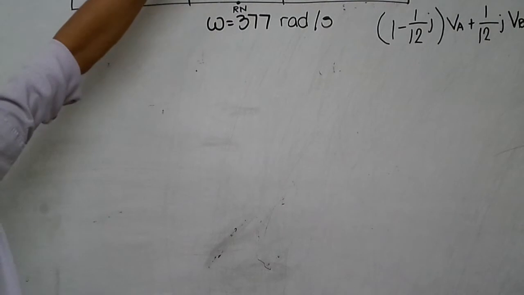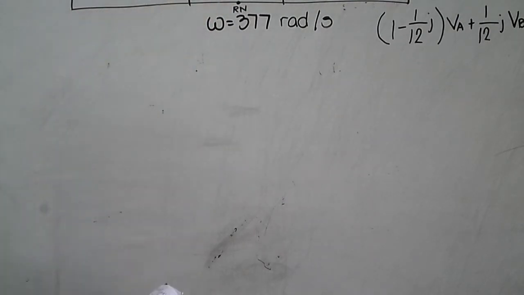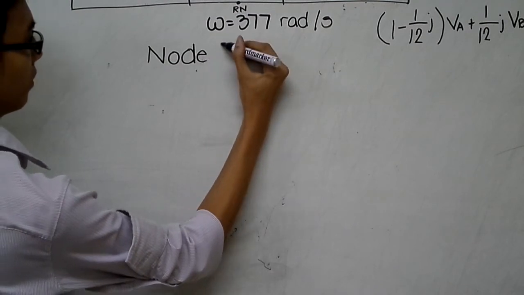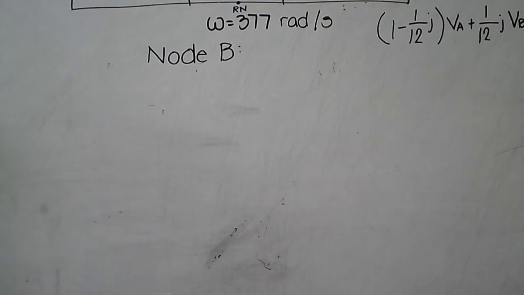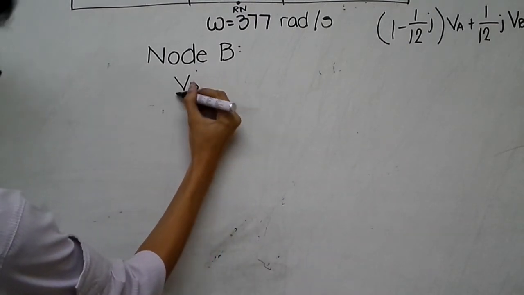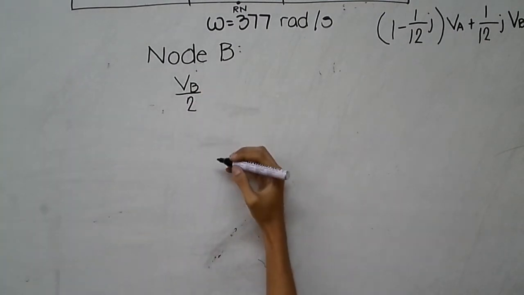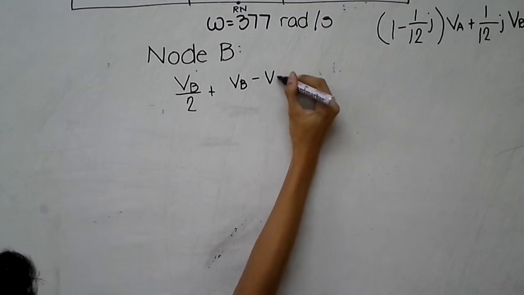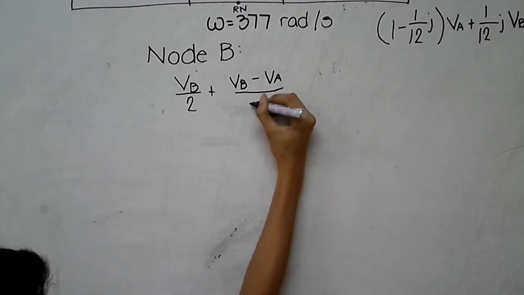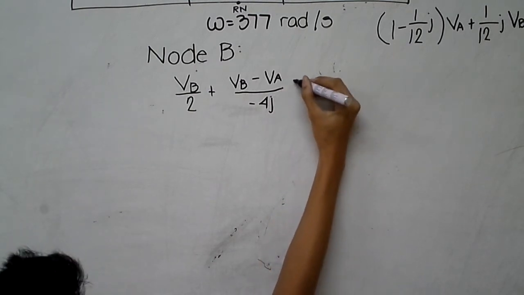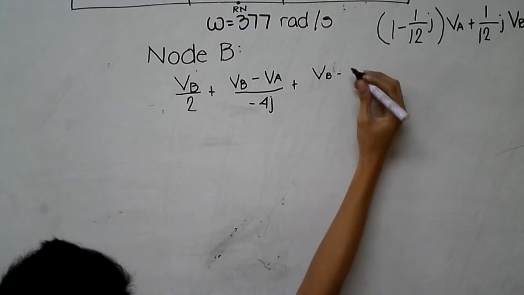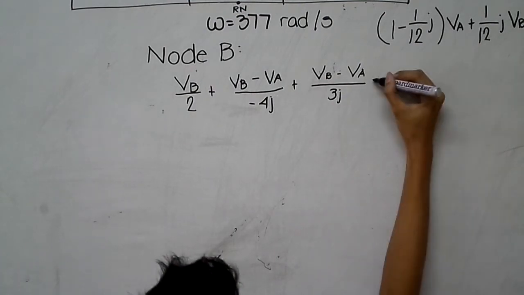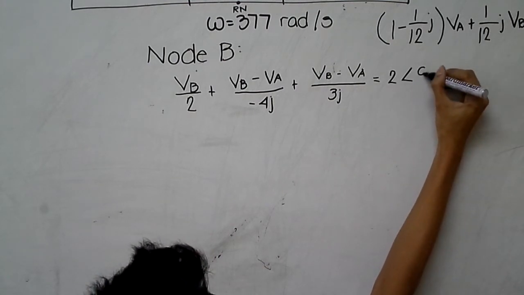Now, we're going to compute the current entering and leaving at node B. So at node B, applying KCL, we'll get VB all over 2 plus VB minus VA all over negative 4j plus VB minus VA all over 3j is equal to 2 angle 90 degrees.